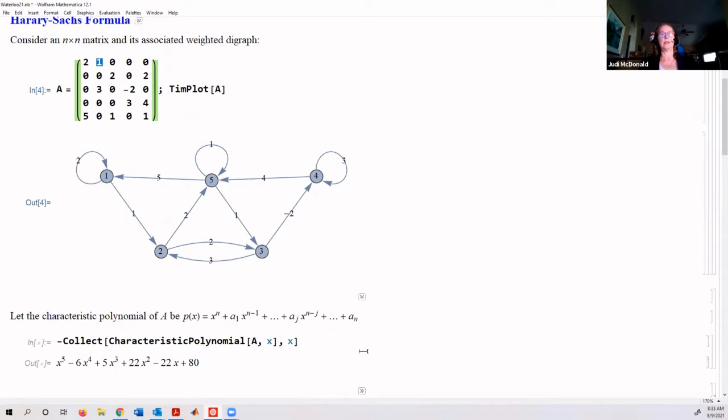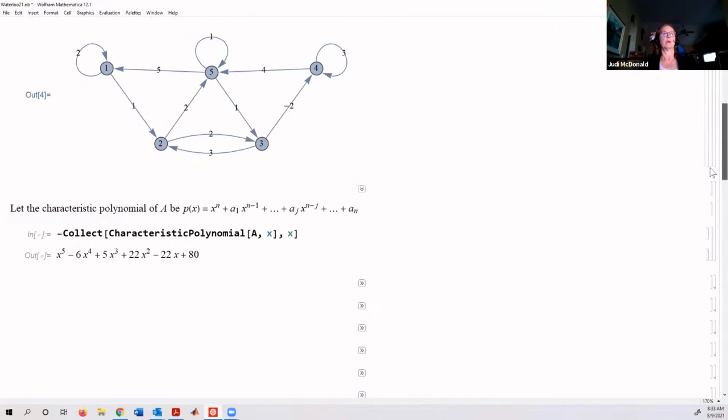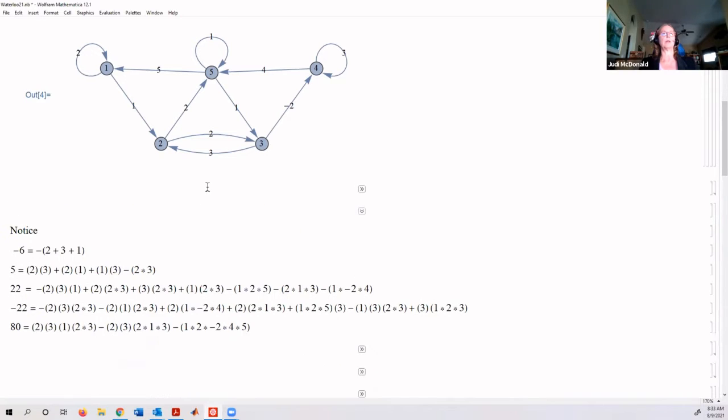So if I take the characteristic polynomial of the matrix at the top, let's see if we can see some patterns to relate the graph to the characteristic polynomial. Let me close up this middle part so it's not quite in the way. So -6 was the coefficient of x to the n minus 1.